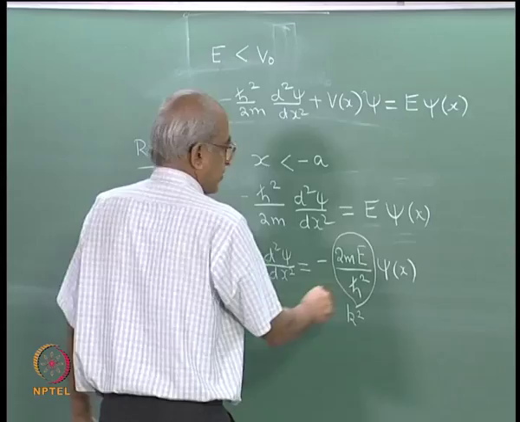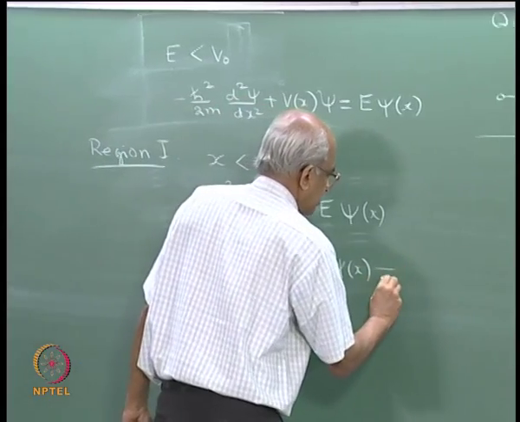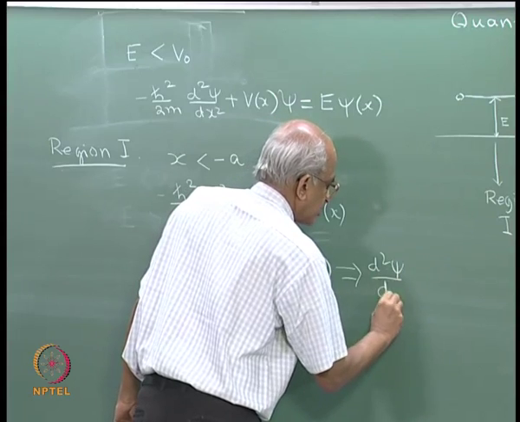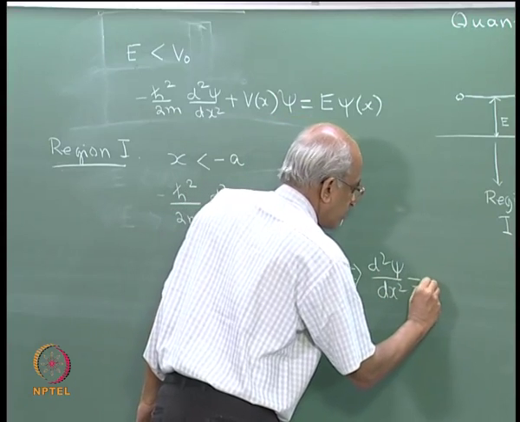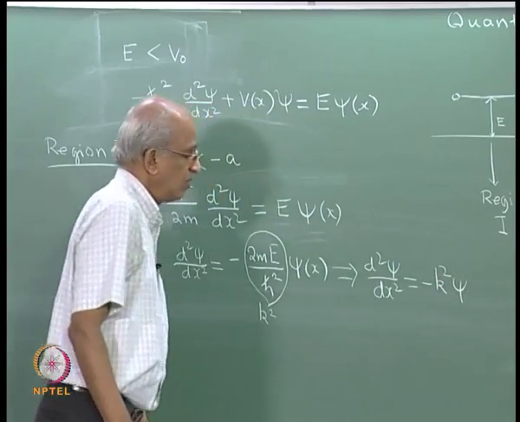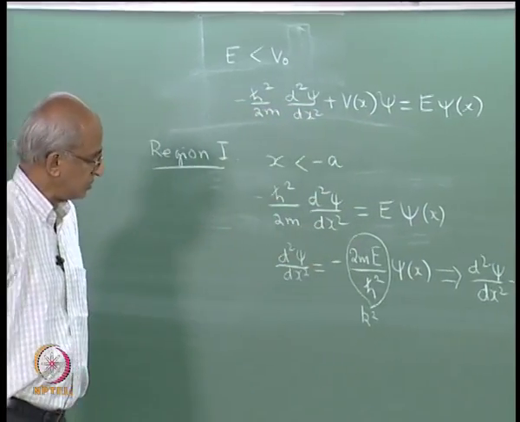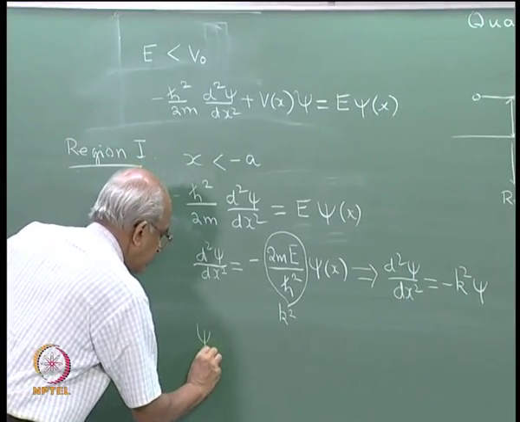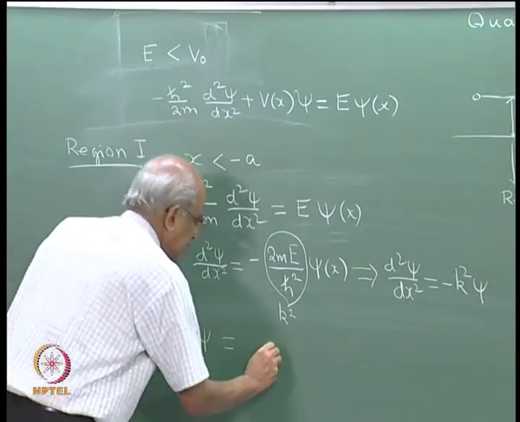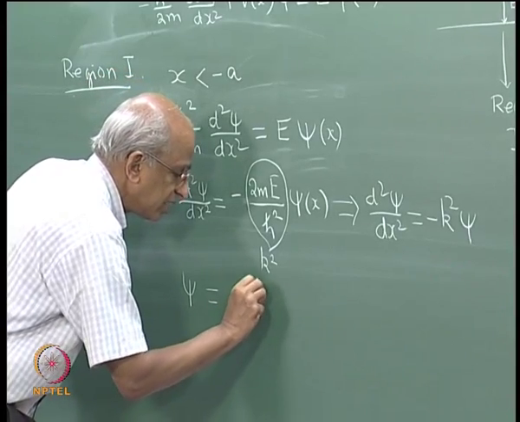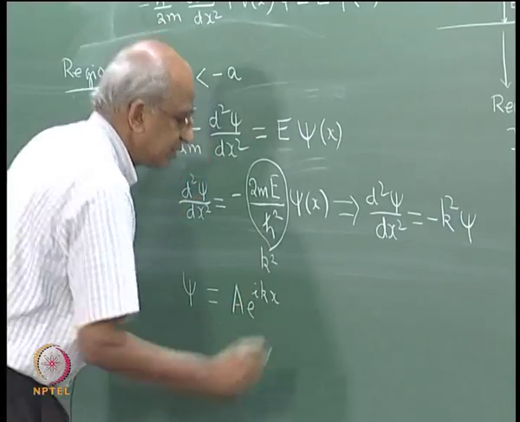And therefore this differential equation becomes d square psi by dx square is equal to minus k square psi, and the solution of this is immediate. What is the solution? It says that psi may be written as some constant A into e to the power of ikx, that is a solution.